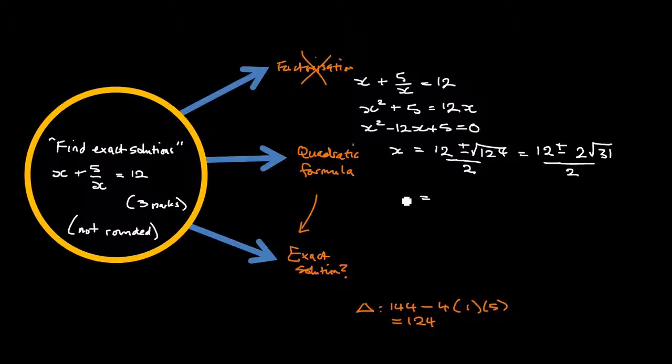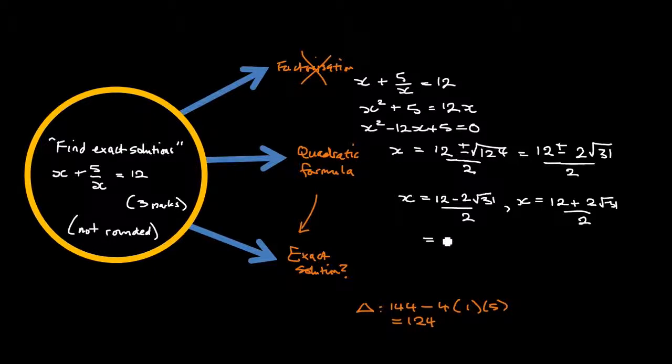Well, if we split our answers into the two solutions, we've got x equals 12 minus 2 root 31 divided by 2, or x equals 12 plus 2 root 31 divided by 2. And now to create a proper surdic quantity, all we need to do is divide by 2.